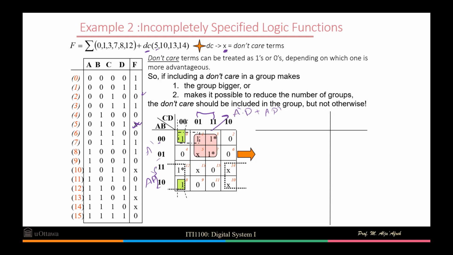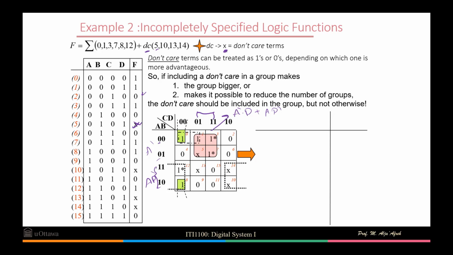Now, for this group of two, that's not an essential prime implicant, but I need it. It's a prime implicant in my case because I need it to cover all the ones, okay?